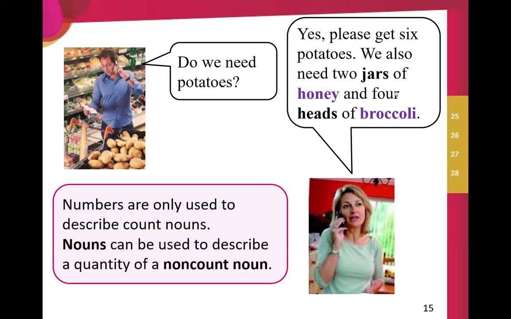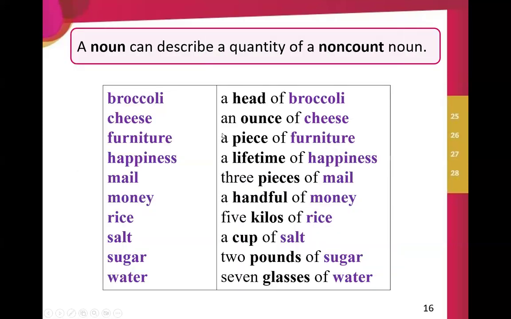Quantity like jars of honey, bottles of water, and so on. We have to use containers or quantities to refer to the amount of non-countable nouns. So a noun can describe the quantity of a non-countable noun like this.